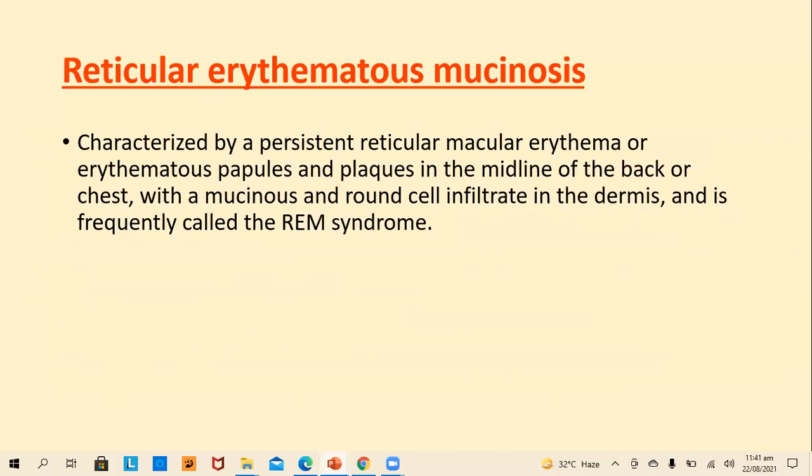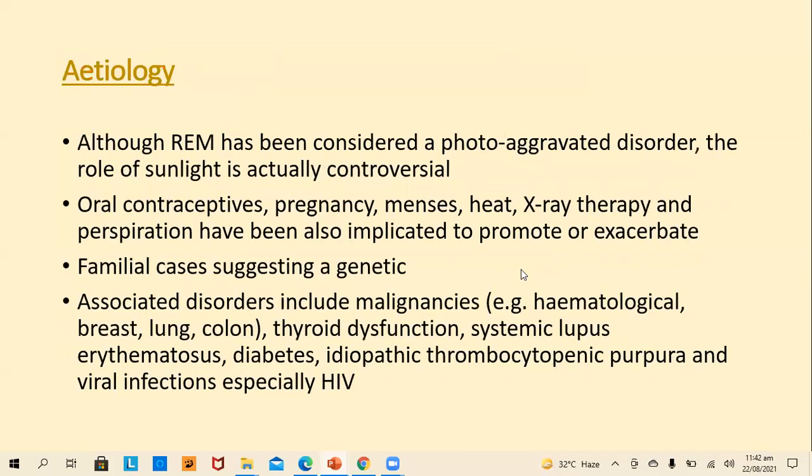The next kind of diffuse mucinosis is reticulate erythematous mucinosis. This is characterized by persistent reticular macular erythema or erythematous papules and plaques in midline of back or chest with mucinous and round cell infiltrate in the dermis and is frequently called REM syndrome or reticulate erythematous mucinosis syndrome.